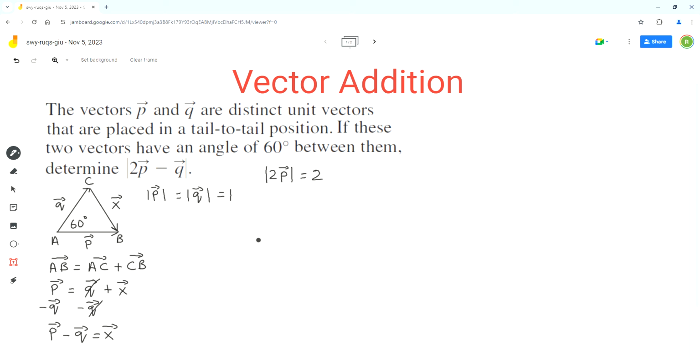So in our diagram, this vector 2p should be double the length of vector p. And vector q should be the same and going in the same direction, because the angle between these vectors hasn't been changed.